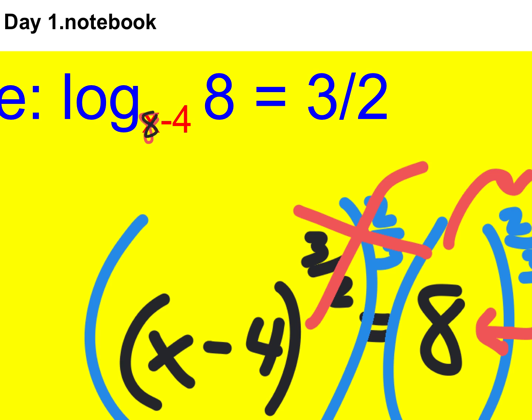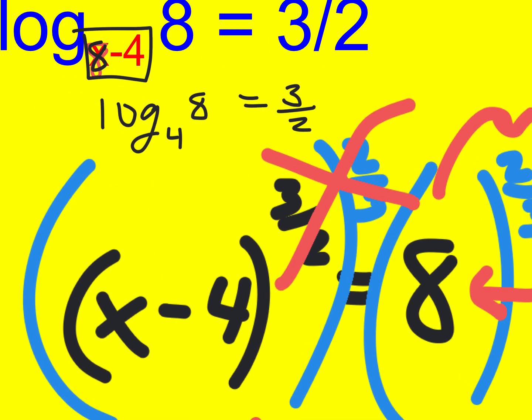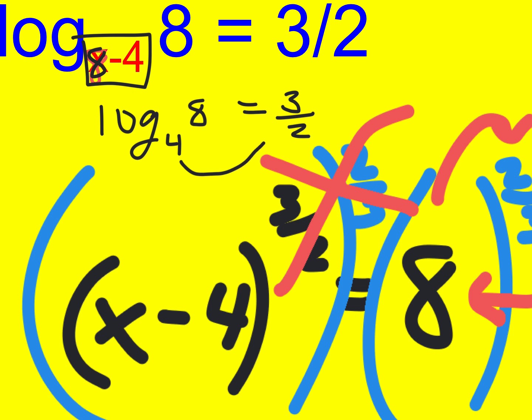So let's just check this one quick. Act like it was a test, and we're going to check it. Log base 8 minus 4, which is log base 4 of 8 equals 3/2. It's not just like immediately telling me, oh, this is right. But now if I go 4 to the 3/2, it should equal 8, right? 4 to the 3/2.